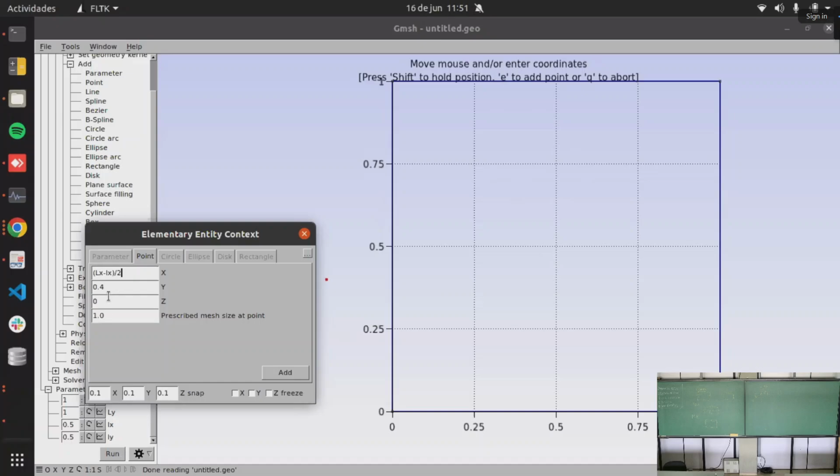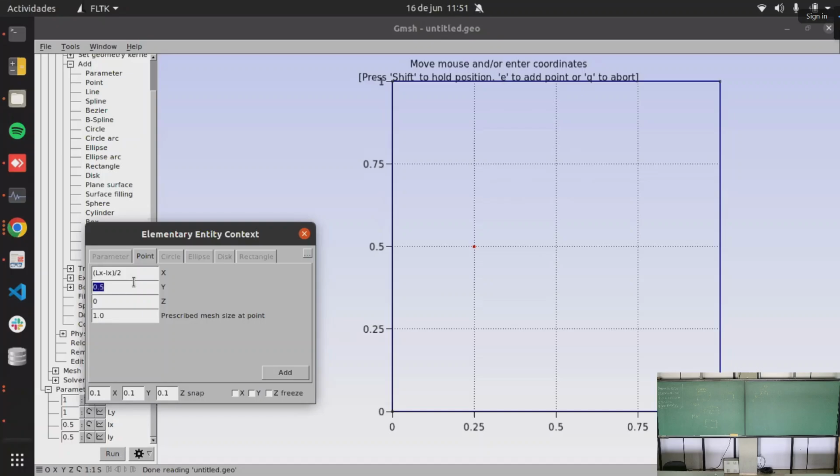Sorry. That will create a point here. You can see the red point now. Yeah, because if I move the mouse, the point will change.